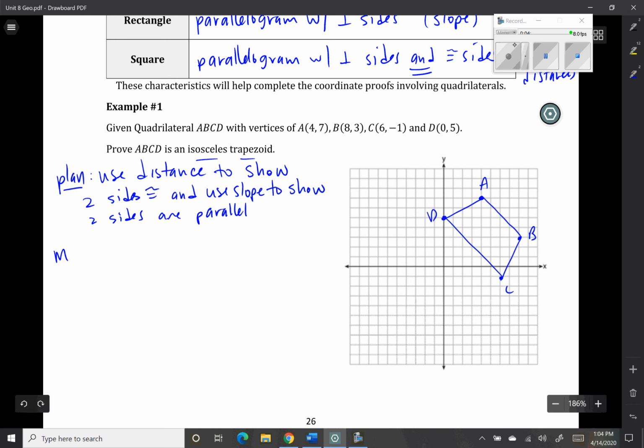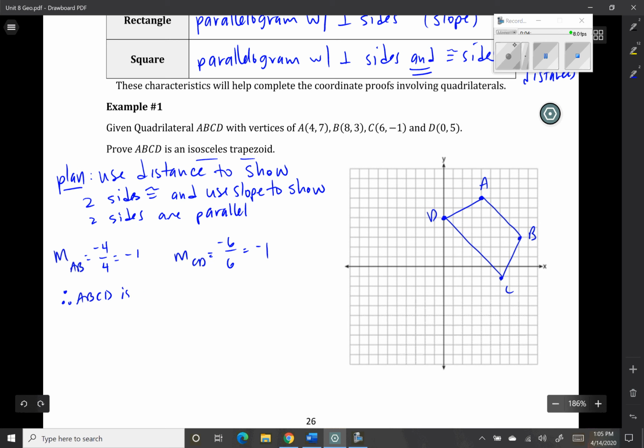So I'm going to start by finding the slope of AB and the slope of CD. So to find the slope of AB, I have to go down 1, 2, 3, 4 boxes, to the right 1, 2, 3, 4 boxes, which is negative 1. To go from D to C, remember we always go left to right, I'm going to go down 1, 2, 3, 4, 5, 6 boxes, and to the right 1, 2, 3, 4, 5, 6 boxes. So those slopes are the same.